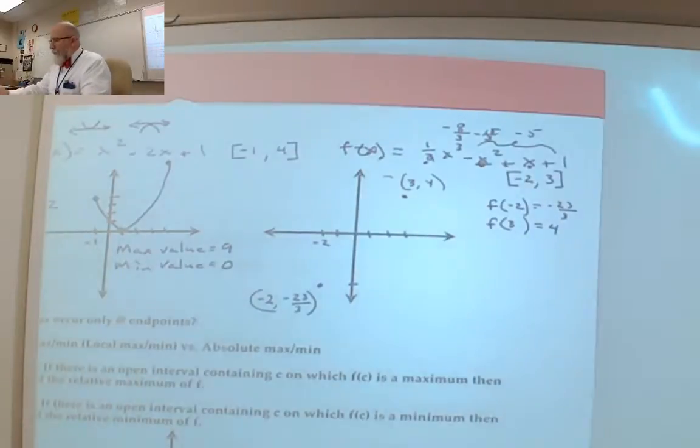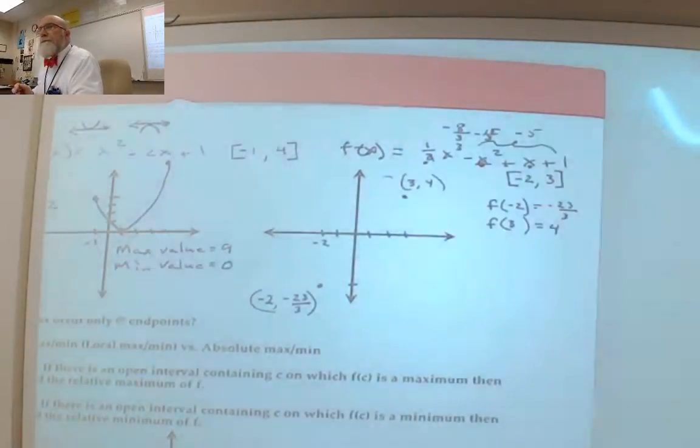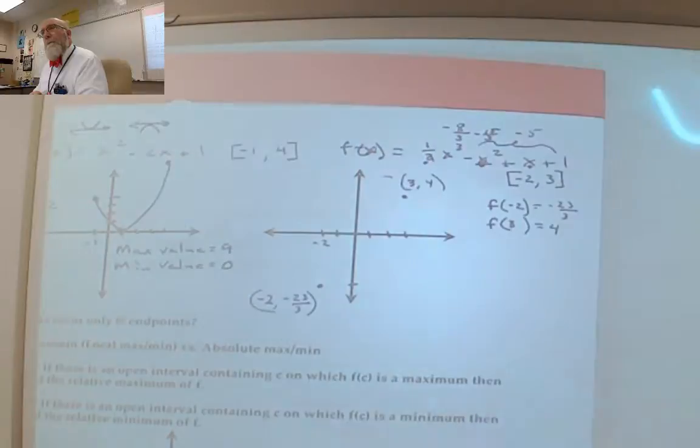Now, what do I have to look between these 2 points? Yes, ma'am. So if it wasn't continuous, would there be no min or max value? There could be, but you're not guaranteed for sure there's one of each. Right.